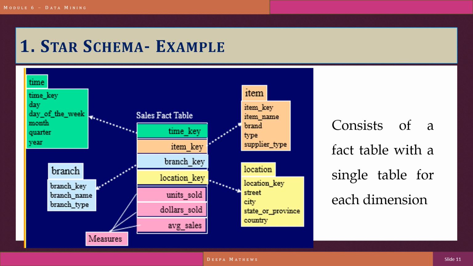Along with these pointers, this fact table also consists of some numerical values. Here we have numerical measures such as units sold, dollars sold, and average sales. So three measures are also defined in this sales fact table.